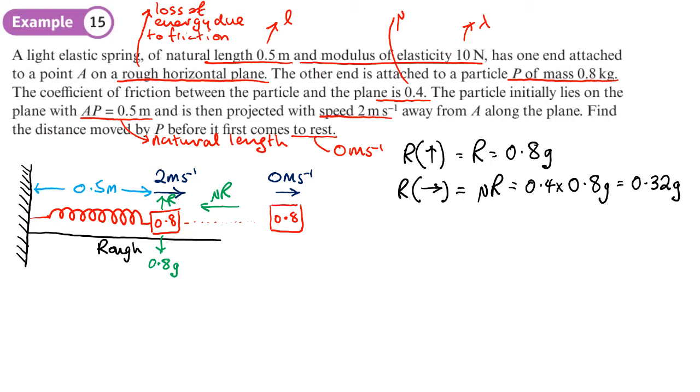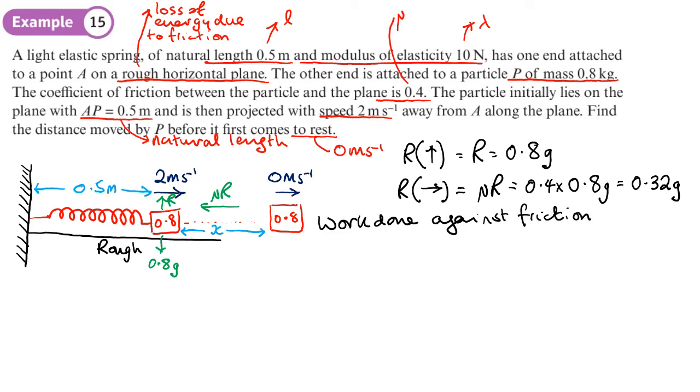Now, just as in the previous questions, we're going to call the distance that it's moved x. This will be the extension of the spring, and it is the pure extension because it starts at its natural length of 0.8. Because we're dealing with energy rather than forces, there's going to be work done against friction, so this is going to be equal to the energy that's lost.